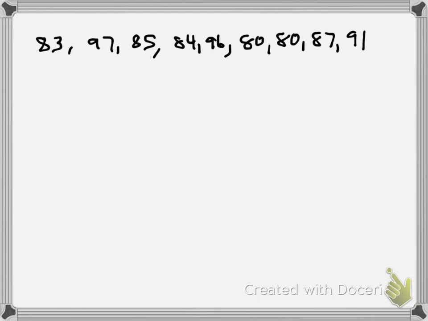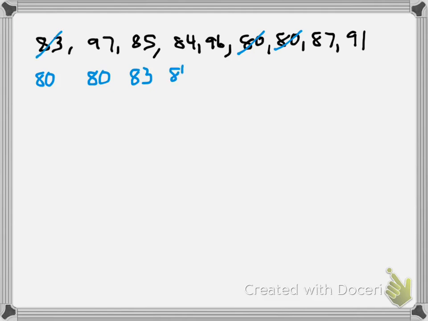Yeah, we can't find a median if it's not in order from least to greatest. So that's our first job. So hold on. So what we're going to do, and this is how I do this systematically, is I find the lowest number and I cross it off. Then the next number, and I try to line them off so I don't forget somebody. Then it looks like 83 comes next.